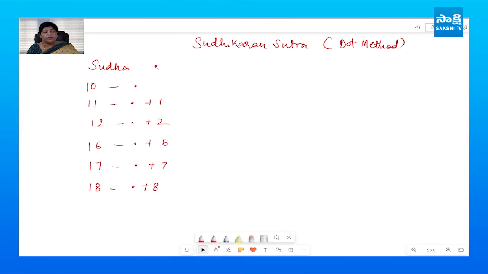For 11, I have 1 written along its side. For 12, it is dot plus 2. The maximum number we can deal with at any point of time is 18, which is represented as dot plus 8. So now let's rework the same example using the Sudhikaran Sutra or the dot method.